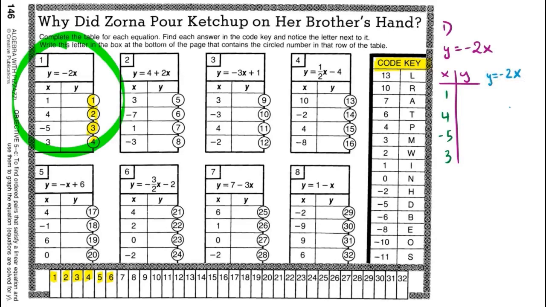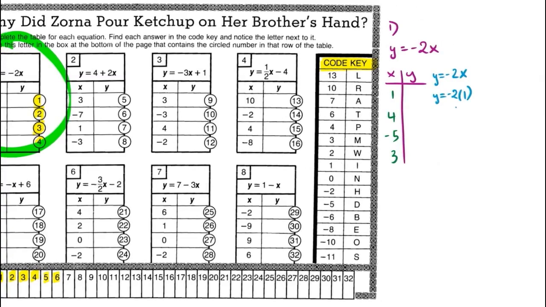So first you're going to plug in x is 1. So y equals negative 2 times 1, which is negative 2. Okay, so 1, negative 2. Now we plug in 4.